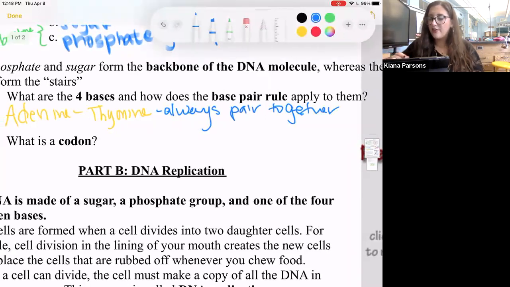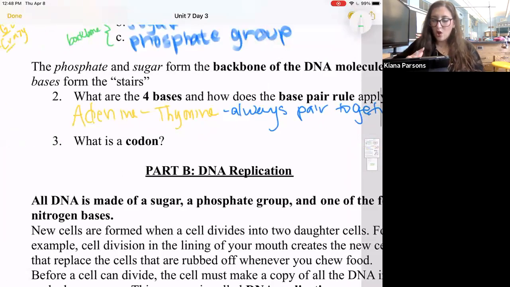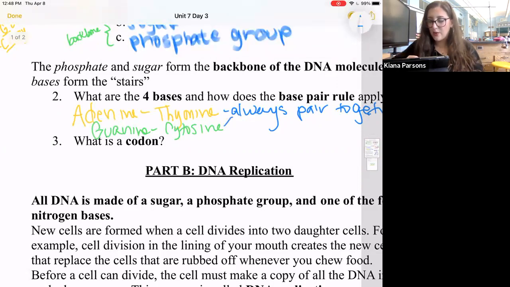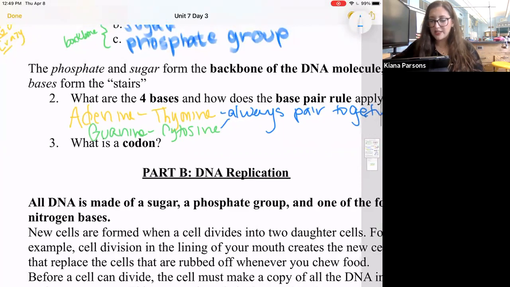And then we have guanine and cytosine. And these words are a mouthful. So if you don't know how to pronounce that, just make sure that you remember the letter patterns, right? So A pairs with T, G pairs with C.